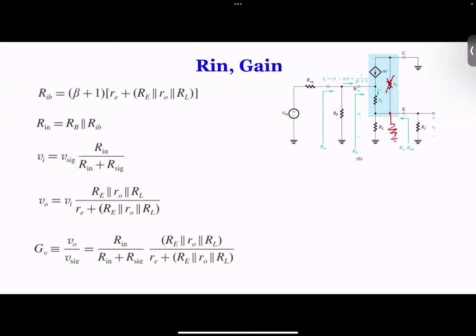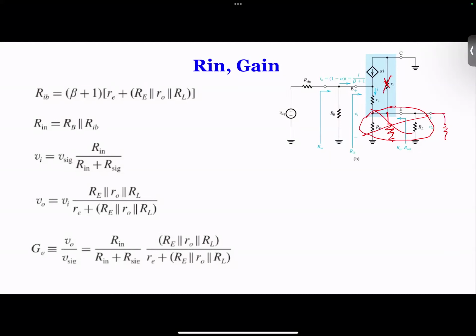So now you have these three resistances in parallel, and you can forget about everything else and use just one resistance to ground, which is RL prime. Now this whole circuit becomes this, and these two are in series, so immediately you get the total resistance RE plus RL prime.